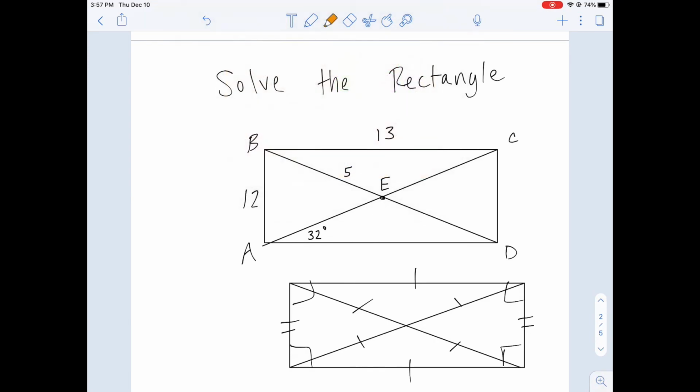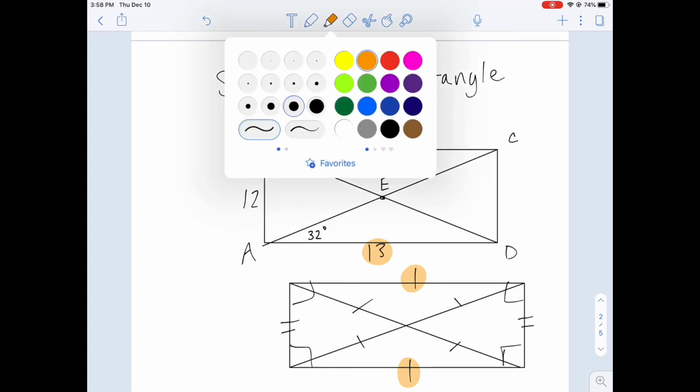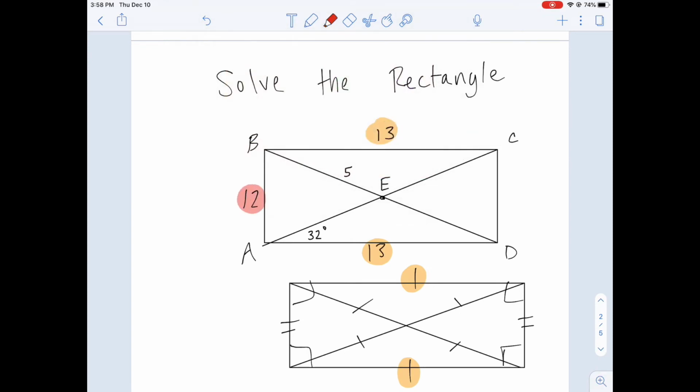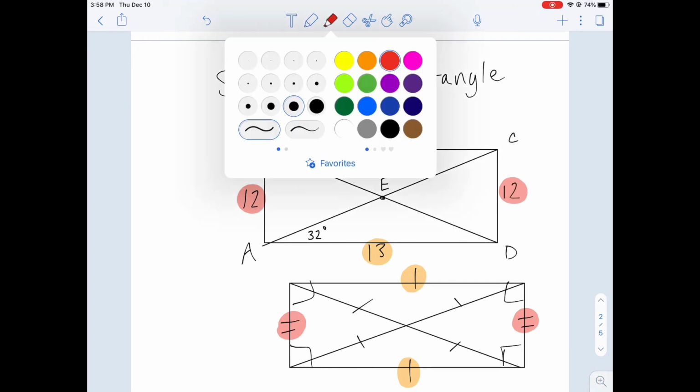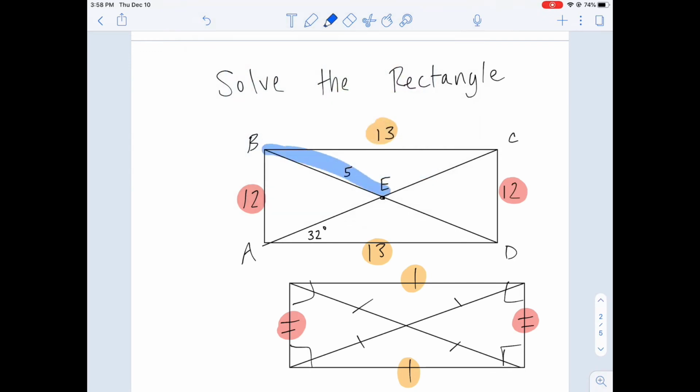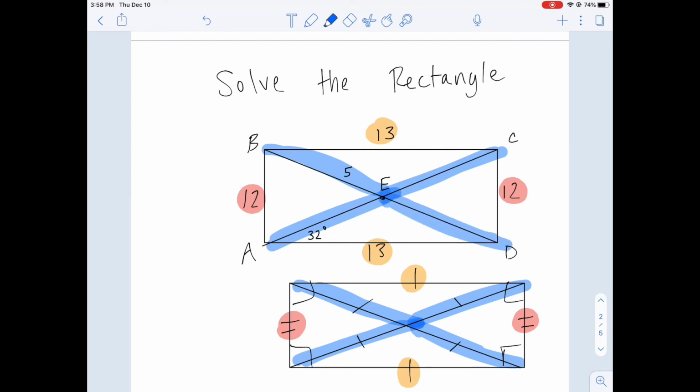Why not? Okay, so I always think it's easiest to start with the sides. So this one is here, but it has the same marks as this, so that has to be also 13. This is 12, well that's this here, but this one also has that same mark, so this has to be 12. This is 5, which is here, but that has the same mark as this, this, and this. So it looks like all of those are going to be 5.